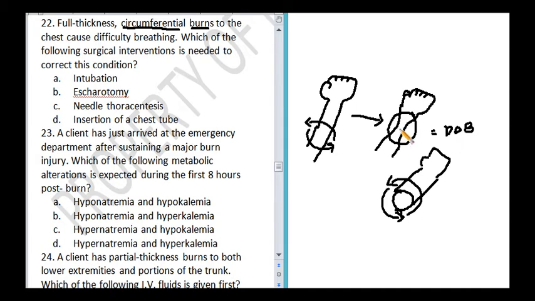Therefore, the doctor needs to make an incision here to release the pressure and to expand again this shrunken part of the body secondary to the burn. So, na-shrink yan, kailangan ma-release yung pressure, kaya hinihiwa ng doktor. Ang tawag natin doon, B. Escharotomy. Next.